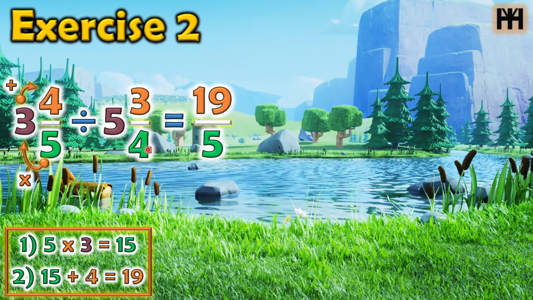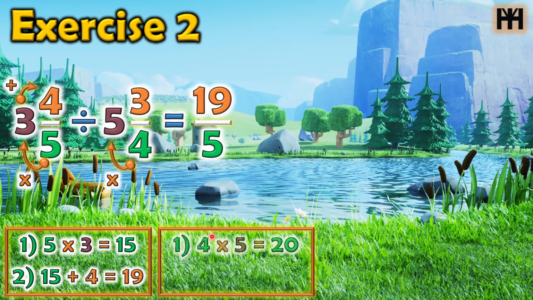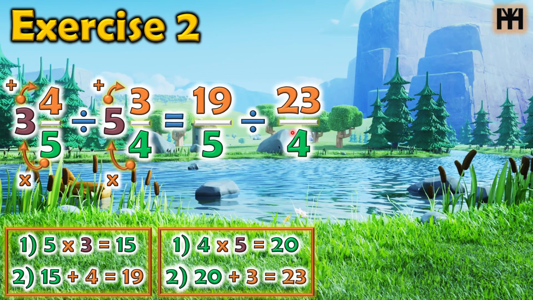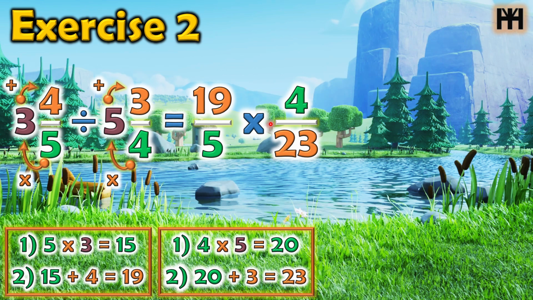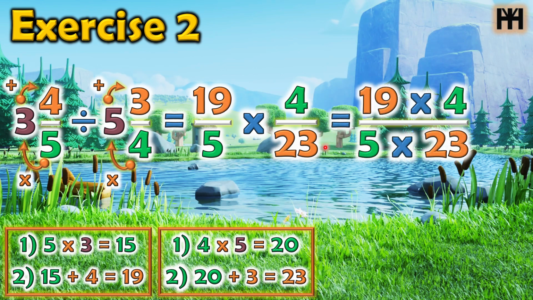Then this one here, 4 times 5 is 20, then 20 plus 3 is 23, so it's 23 over 4. Okay, remember what we do when we see the divide sign here? Yes, flip them. So 19 times 4 over 5 times 23. Okay, so it will be 76 over 115.